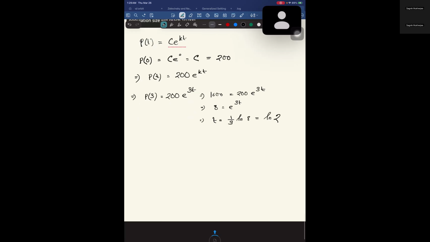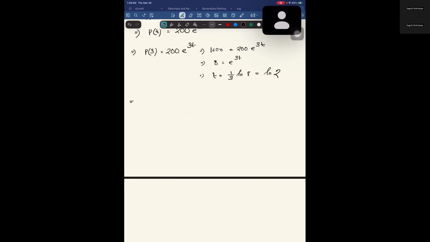So that means P of t is 200 e power (log 2 multiplied by t), right?